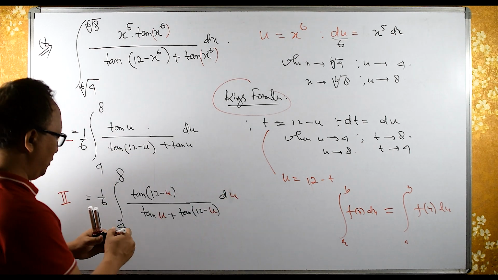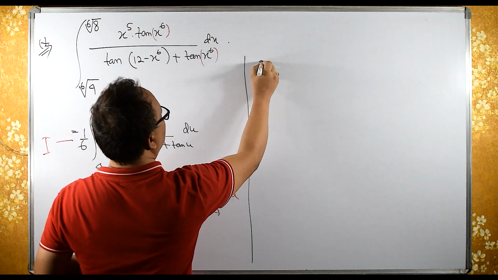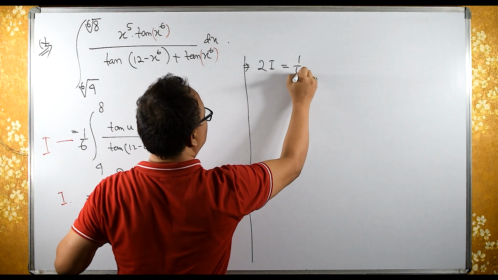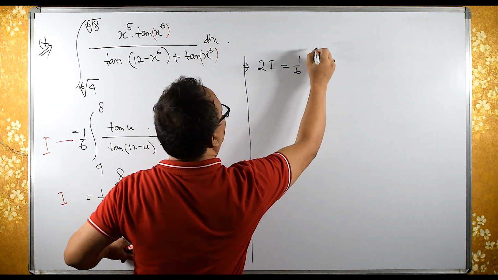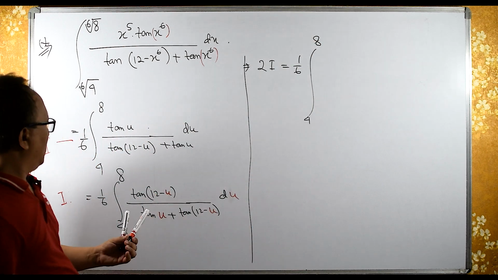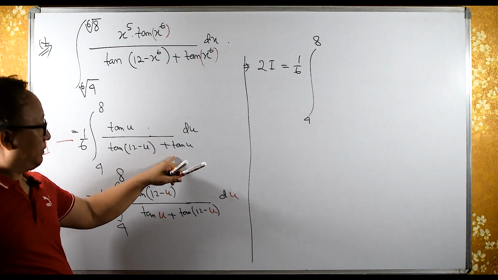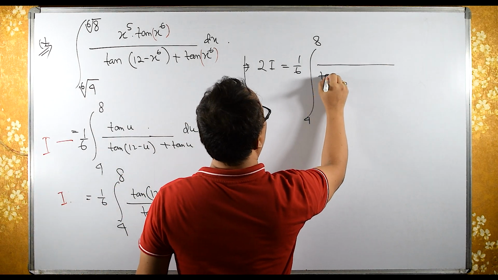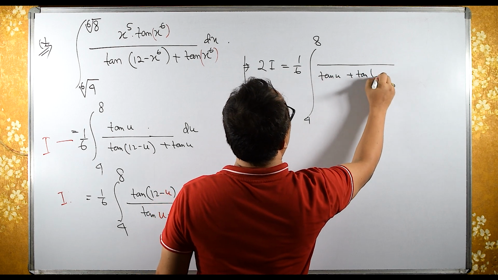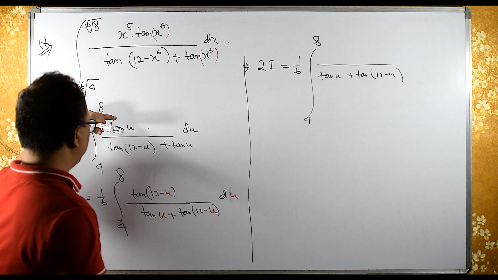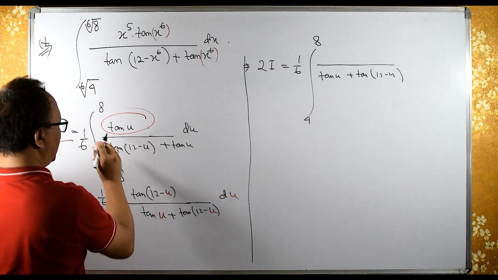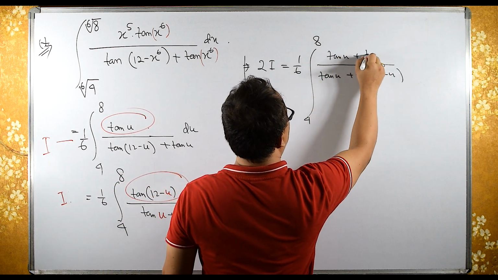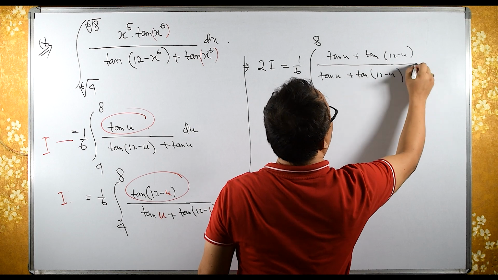If I add these, I plus I becomes 2I on the left hand side, equal to 1 by 6, integral 4 to 8. Here the denominators are the same, so what I can write is tan of u plus tan of 12 minus u. As well as in the numerator, what we have is this plus this, so we have tan u plus tan of 12 minus u, into du.